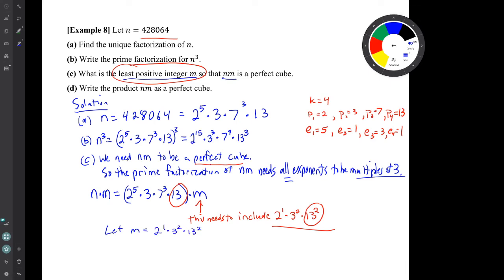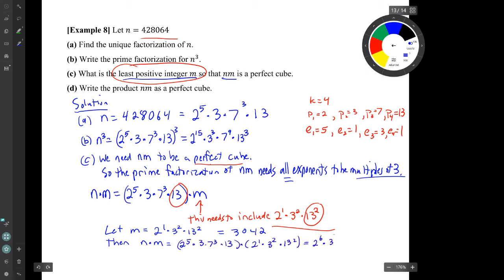That's 3042. So we see that it does work. When I let m be this number, then nm is this thing, which is a perfect cube.